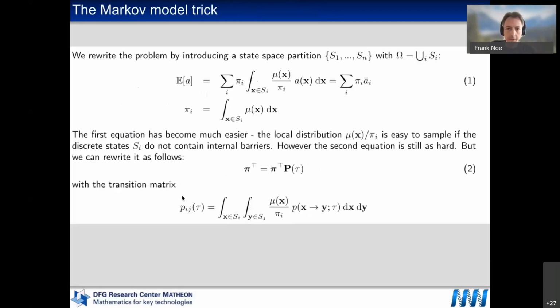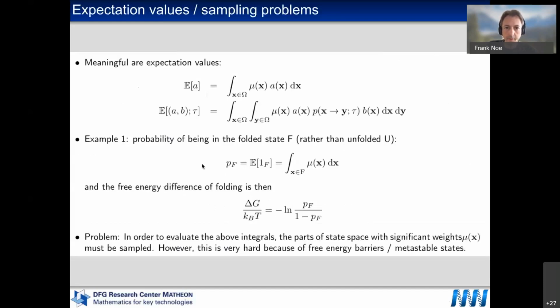Now, why is this hard? It's hard because although I said we can, for every x, compute the probability density at this x, we cannot easily sample it.